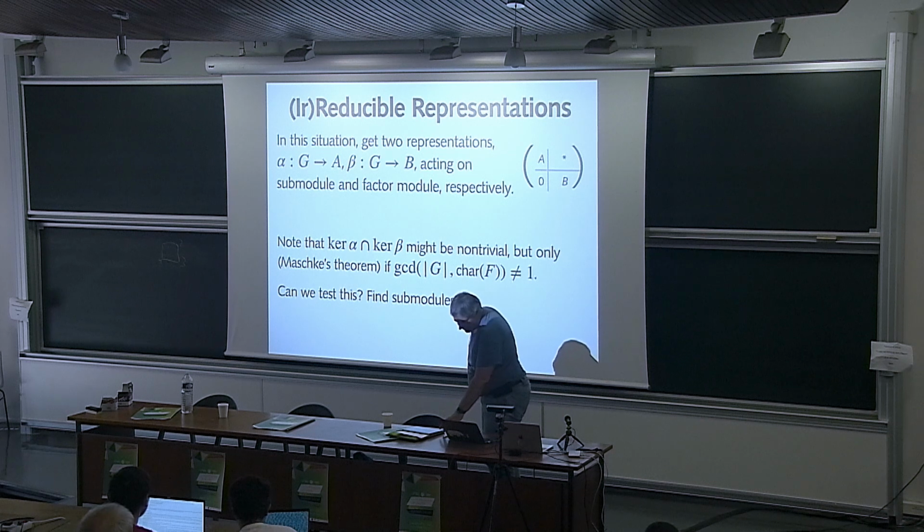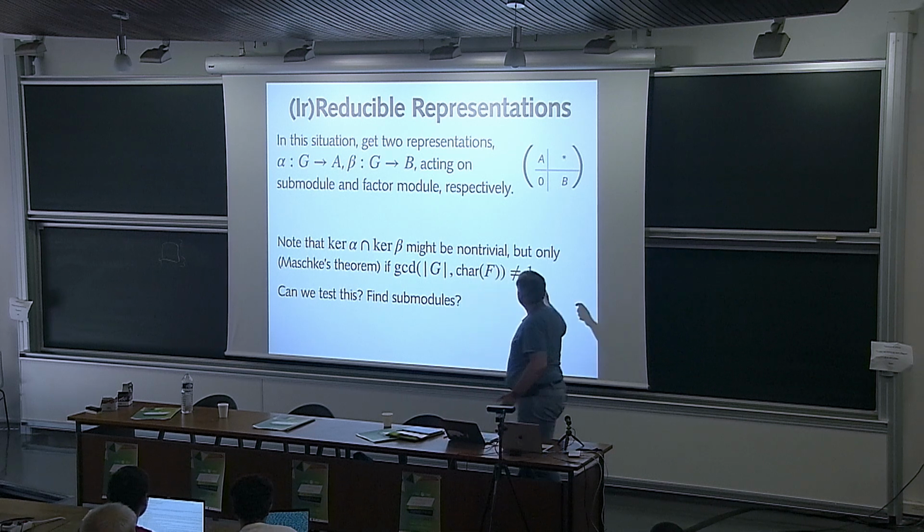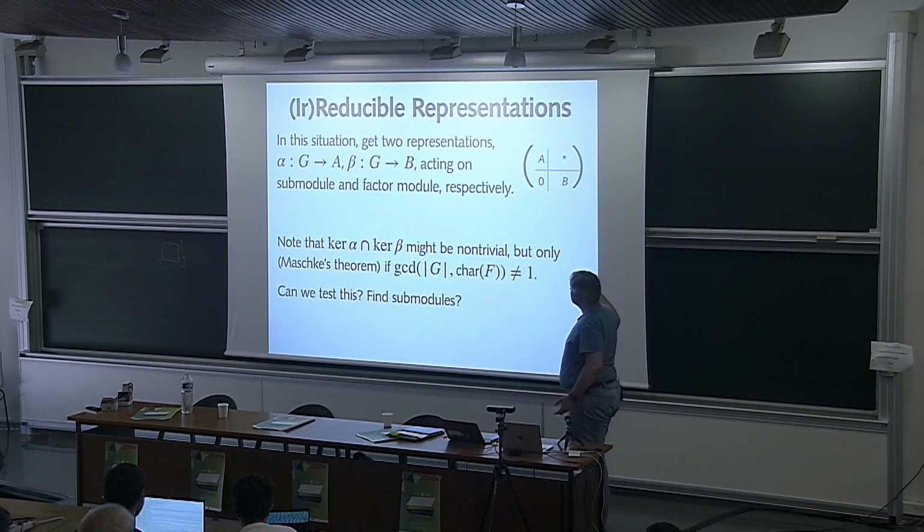Okay. Well, in this case, as I mentioned already, I get basically two constituent representations: the action on the submodule, which is this block of the matrix, and the action on the factor module, which is this block of the matrix.